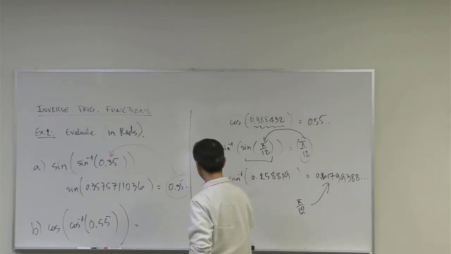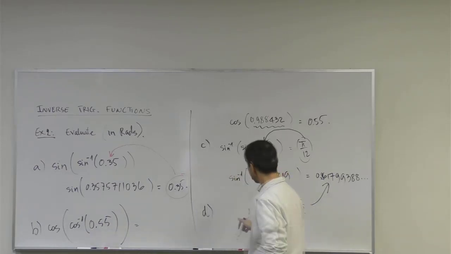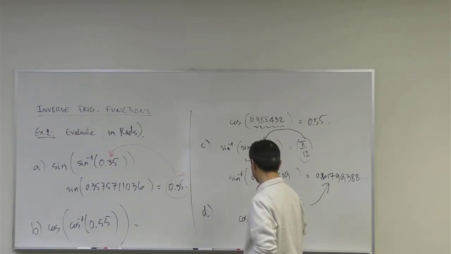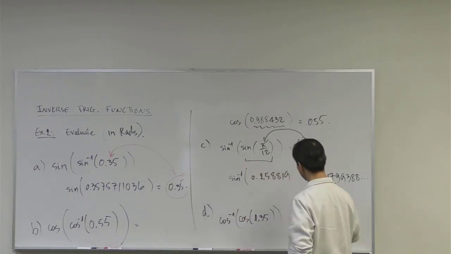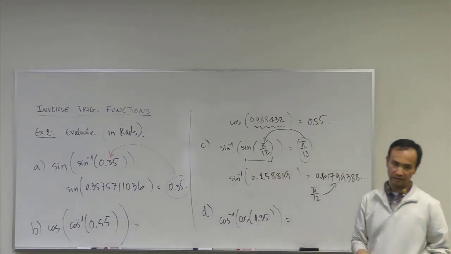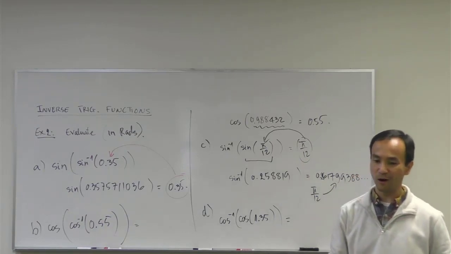In the next one, we take cosine of the angle 1.35. It's not degrees, it's in radians. And then we take cosine inverse. I leave that for you guys to completely explore from the beginning to the end.